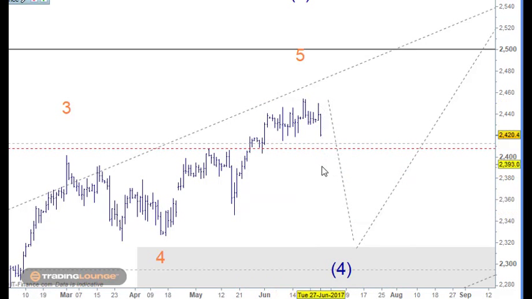So if this moves down below this one here, which is 2406 roughly, then we would have overlapping wave structures. So if we call this wave 1, wave 2 and wave 3, and then wave 4 came down over wave 1, then we would be in bearish mode at that point.